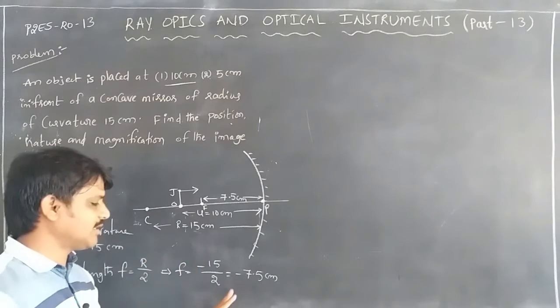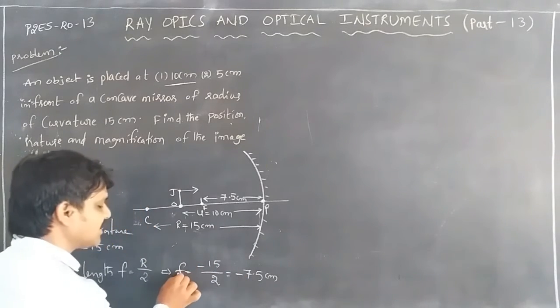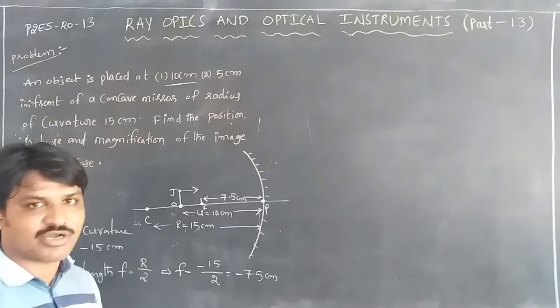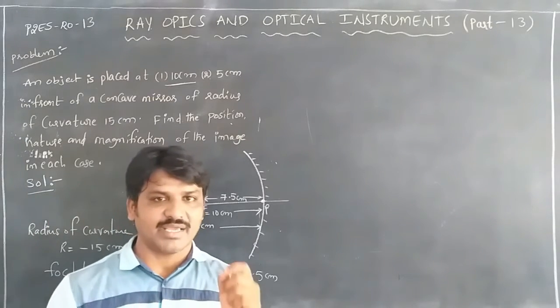For a concave mirror, the focal length will be negative.